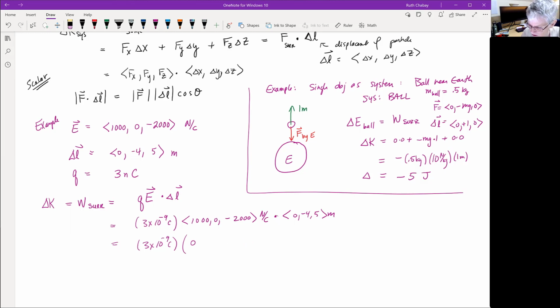And these are sums, aren't they? So 0 plus a negative 10,000 Newton meters per coulomb, which gives us a negative 3 times 10 to the negative 5th joules.